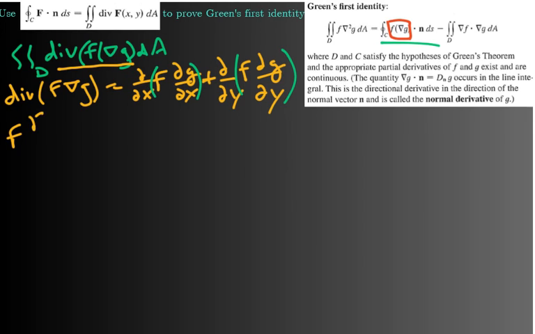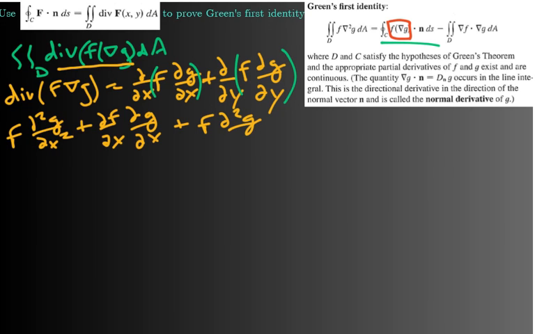So that's going to be partial squared g over partial x squared, and then times the derivative of f with respect to x times the second function, which is just the partial of g with respect to x. Then do the chain rule in the second term, and you would get f times partial squared g over partial y squared plus the partial of f with respect to y times the partial of g with respect to y.